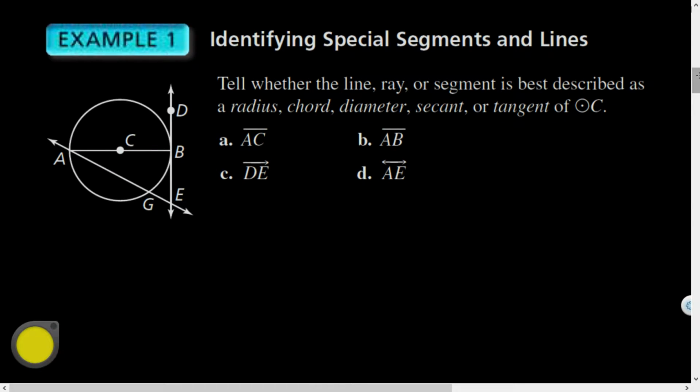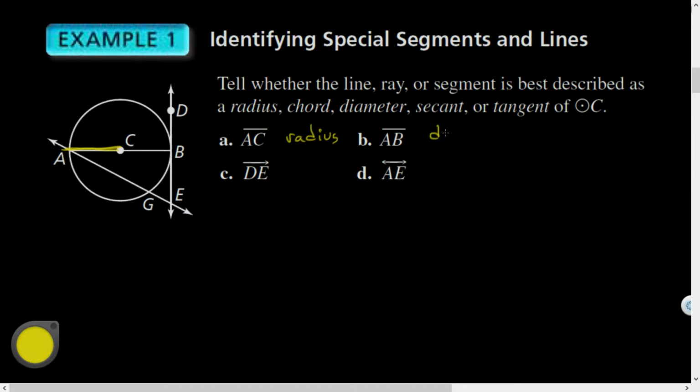Identifying special segments. All right, AC. What type of segment is that? A radius. AB would be what?